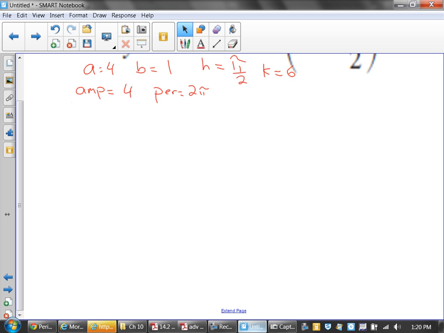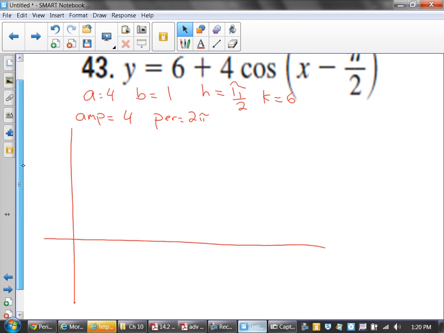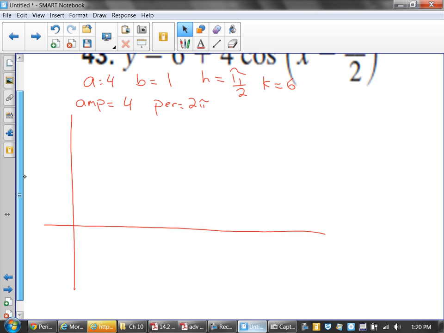So cosine. My A value is 4. I know I have a shift of 6. So I'm just going to put those in now just so I have a little bit of space. Period is 2 pi. Put in your markers.